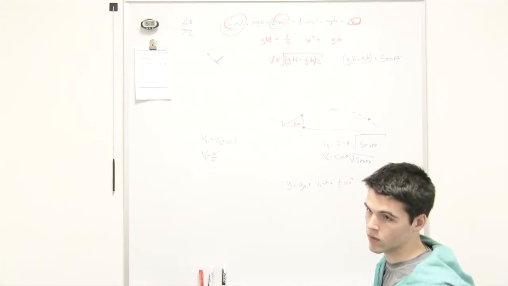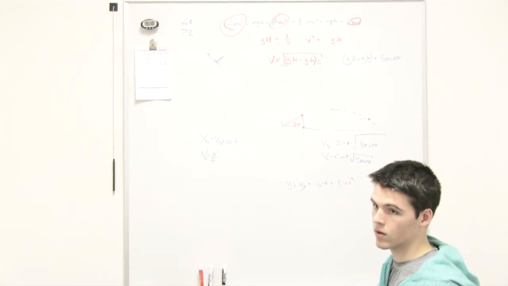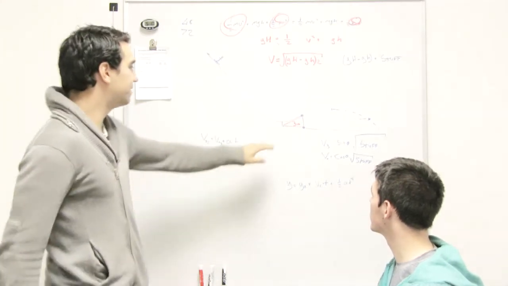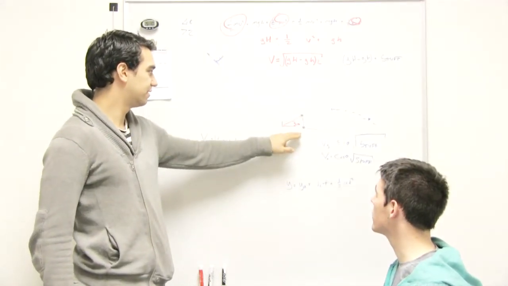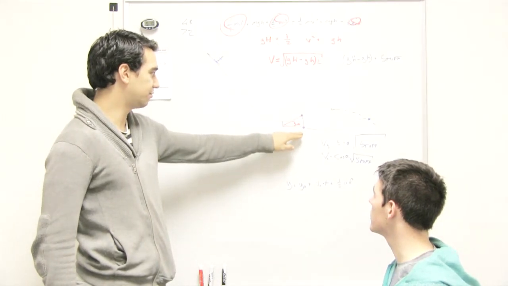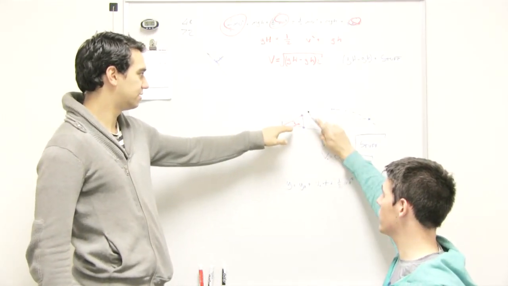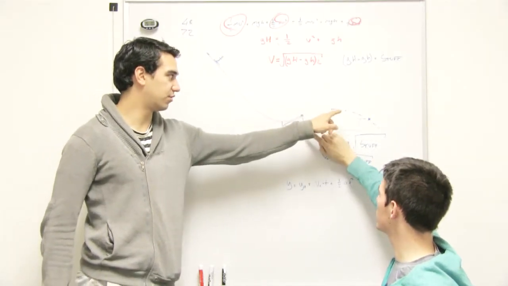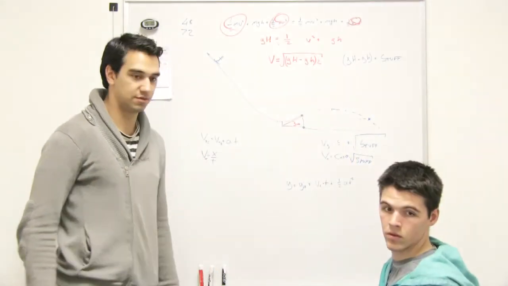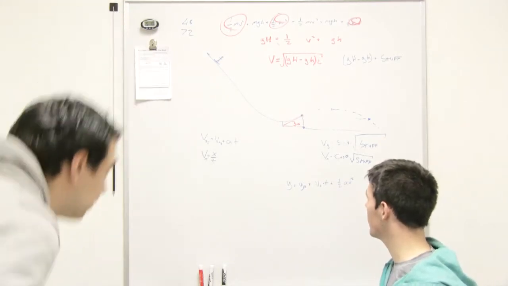I'm sorry, can you repeat that one more time? Alright, so if this is our reference point at 0, then this is 3. So this y initial is going to be 3, and y final will be 0. Yeah, that makes a lot of sense.